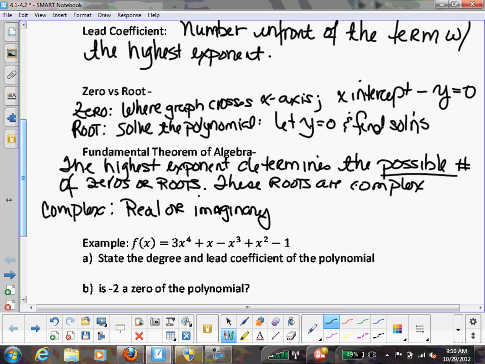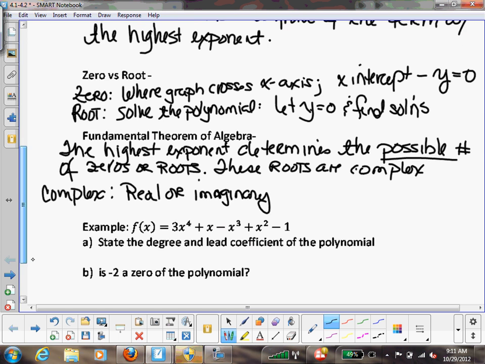Maybe my highest exponent is 5 and 2 of them are imaginary, because they always come in conjugates, one plus and one minus, because you're dealing with the quadratic formula. The other 3 would be real values that you can actually plot on your graph. So that's why you have a possibility of 5 roots. Some might be imaginary and some might be real.